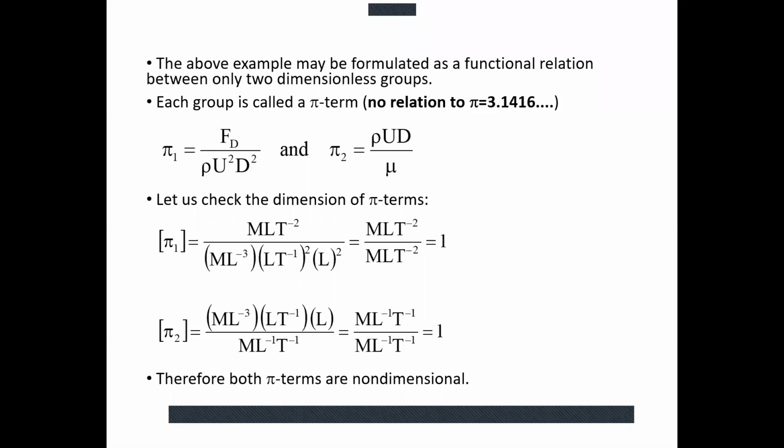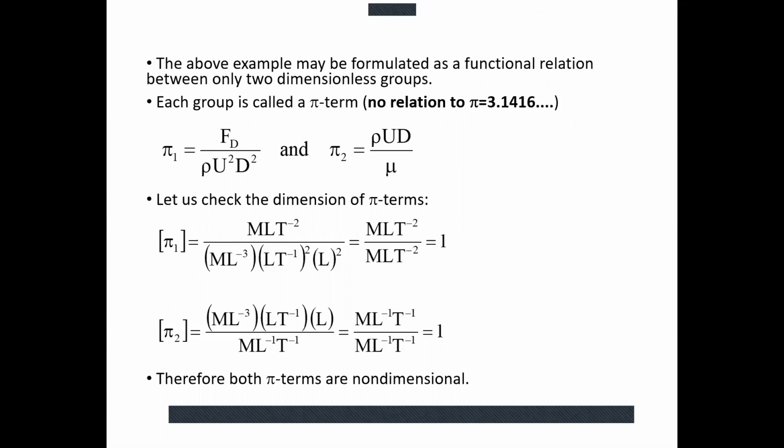It is not related with the mathematical pi number. It's just a name given, pi term. So we are arranging the variables into forms such that those arranged forms will be dimensionless. We call those pi terms.